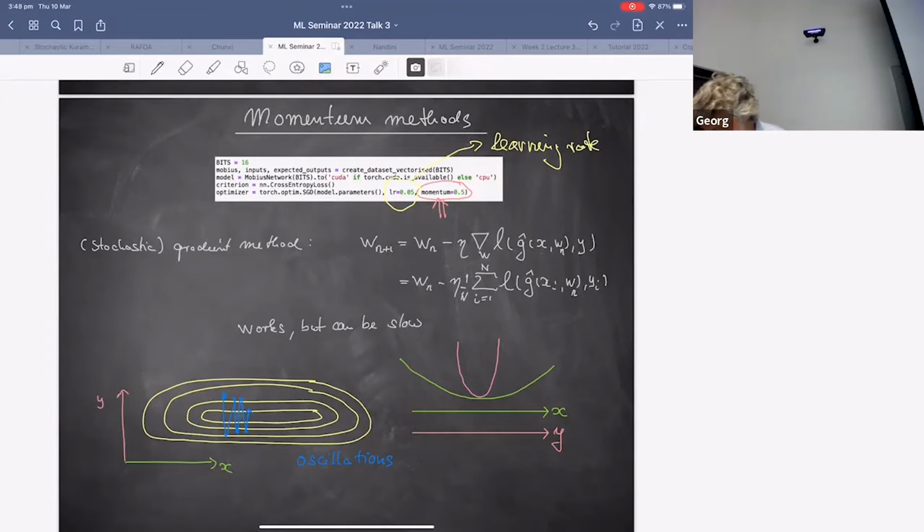Okay, so this is the stochastic gradient descent method. You have some W_n. You go in the direction of minus the gradient of your loss function, with a rate eta, and you get an update W_{n+1}.